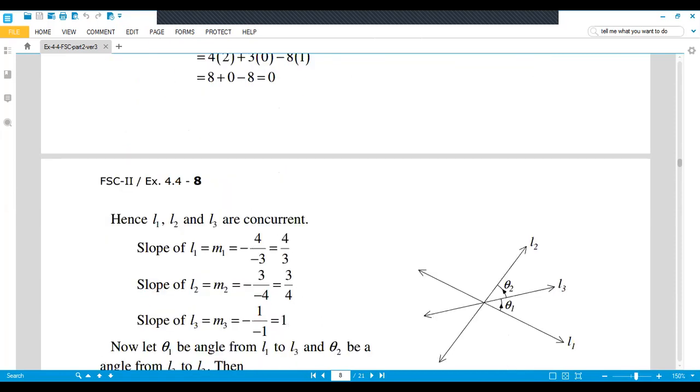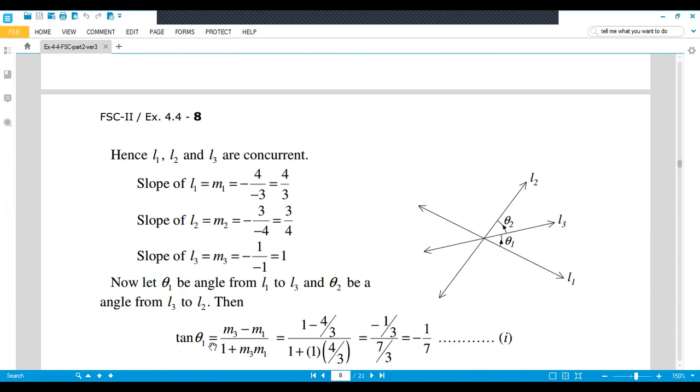Now theta, we can find it between L and L3. Theta 1 is between L1 and L3. Theta 2 is between L3 and L2. So for theta 1, you know that tan theta 1 is (M3 minus M1) divided by (1 plus M3 M1). We put the value of M3, that is 1, minus M1 which is 4 over 3, over 1 plus 1 into 4 over 3.